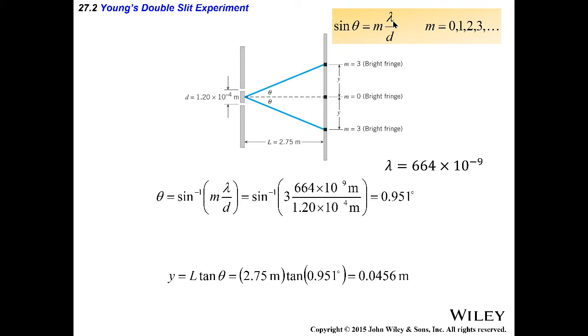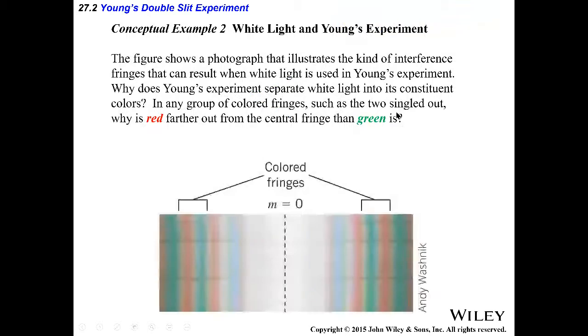Red light, the wavelength is longer than green light. Therefore, the angle for the bright fringe of red is bigger than the angle for the bright fringe of green. Voila. That's what it is. The bright fringe of red is further away from the center than green. You see?